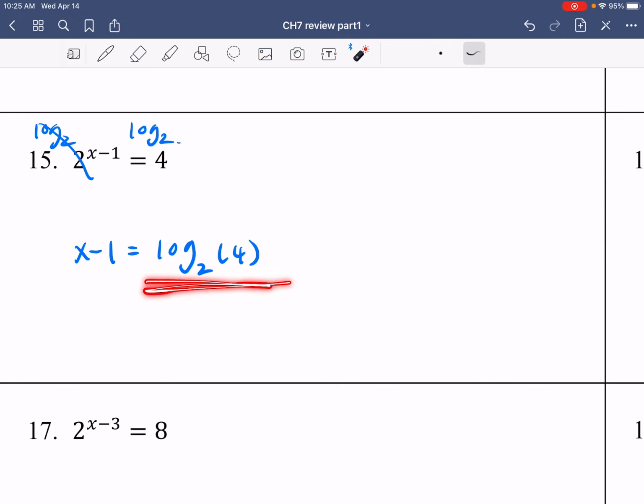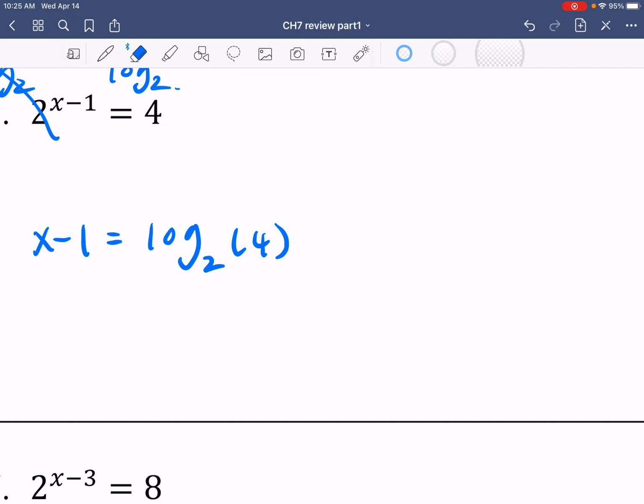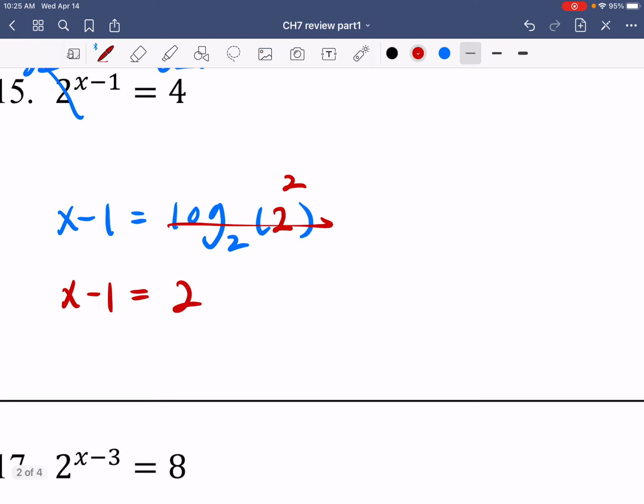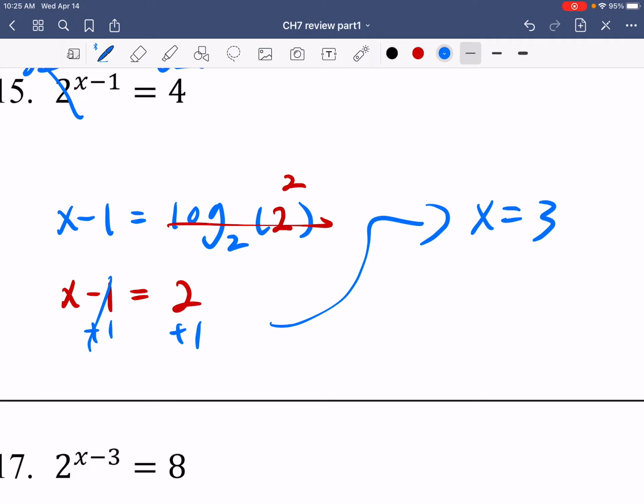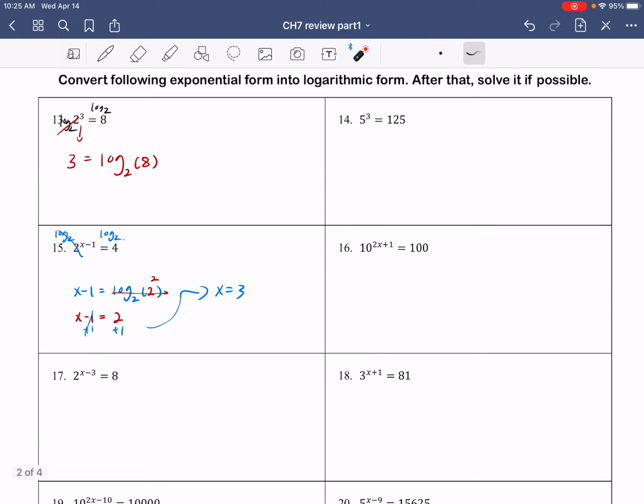Now this one, you can put into a calculator. If you want to do it by hand, 4 is equal to 2 squared, right? So you know this will disappear. So it's the same as x minus 1 equals 2. It's simple. So add 1 on both sides, you will get x equals 3. Alright, it's very simple. Now try this question by yourself.